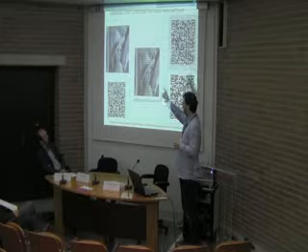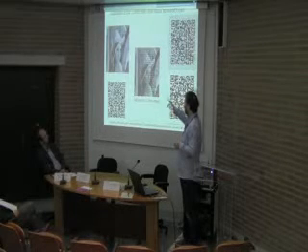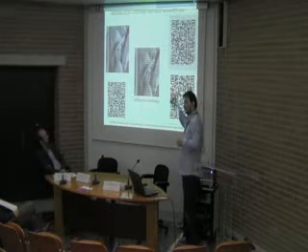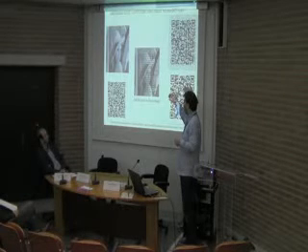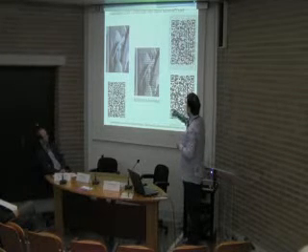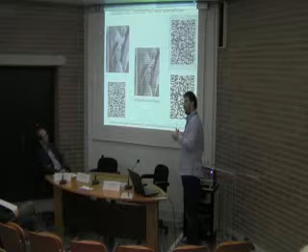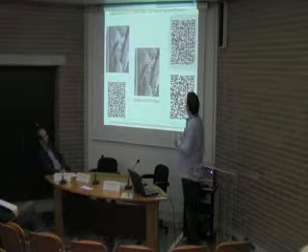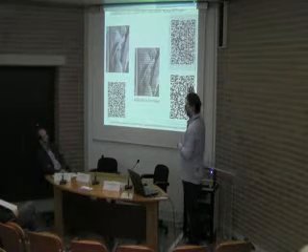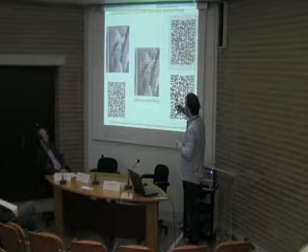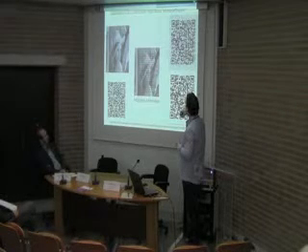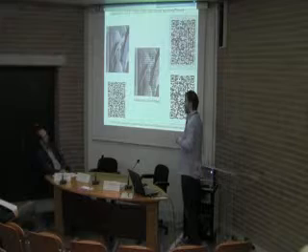We embed this QR code in the host image, and after adding text, we introduce noise to the image, and this is the QR code that we recovered, and we can filter it with a noise removal filter and get this.